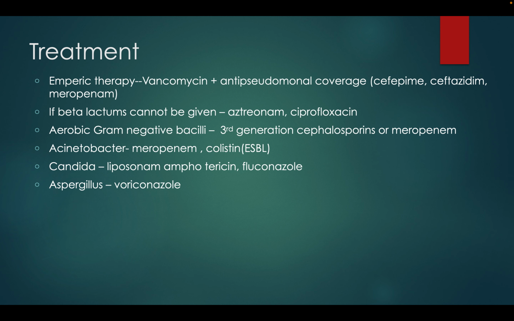If beta-lactams cannot be given, aztreonam or ciprofloxacin is an alternative. Aerobic gram-negative bacilli, we may prefer third generation cephalosporin or meropenem. Acinetobacter, as I said, we may prefer meropenem with colistin, but the patient has received meropenem for a very long time.